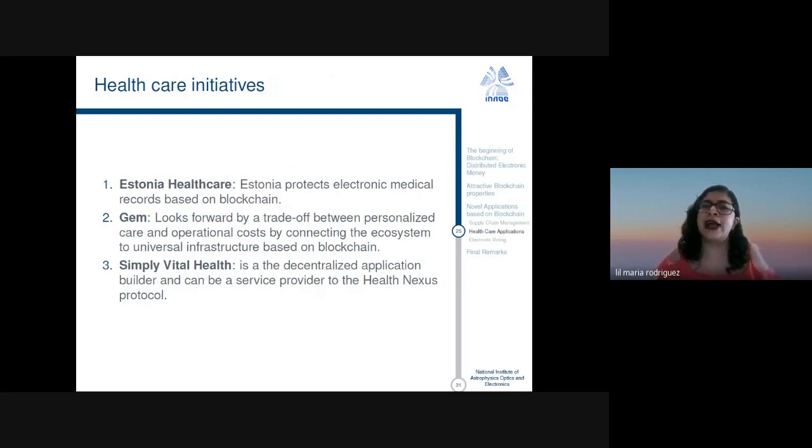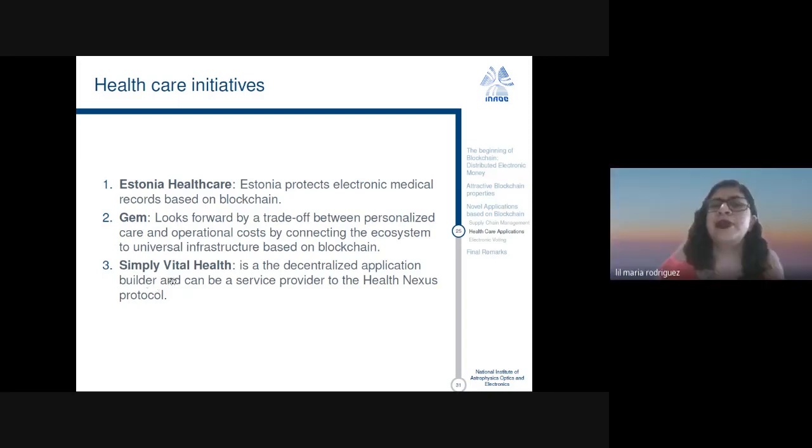So we have some projects also. For example, in Estonia, there is a pilot that already manages electronic medical records based on blockchain. We have this other application called GEM that looks, in their own words, for a trade-off between personalized care and operational cost, and they try to connect the ecosystem by using blockchain.